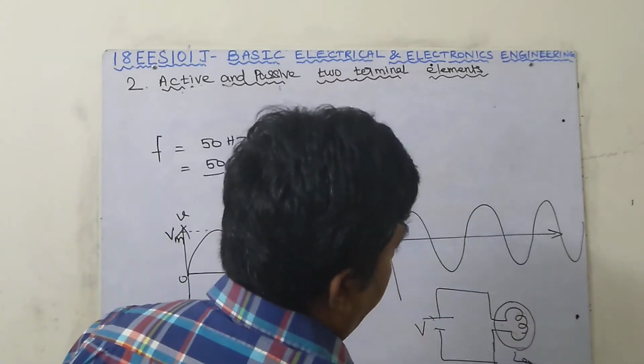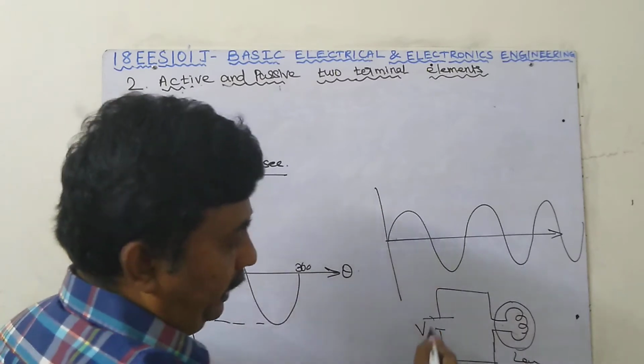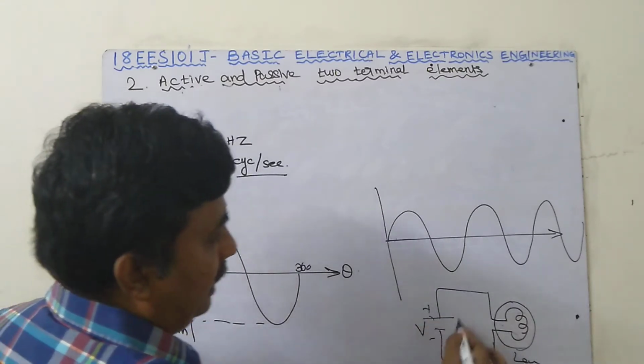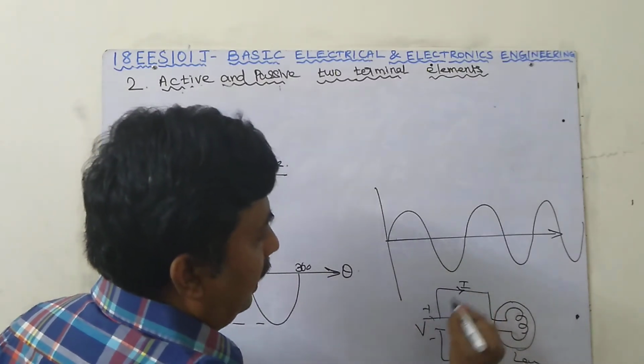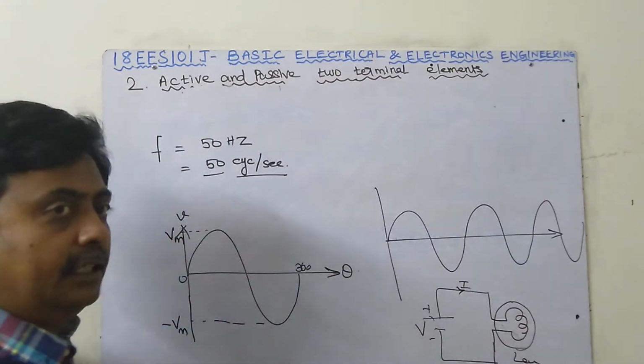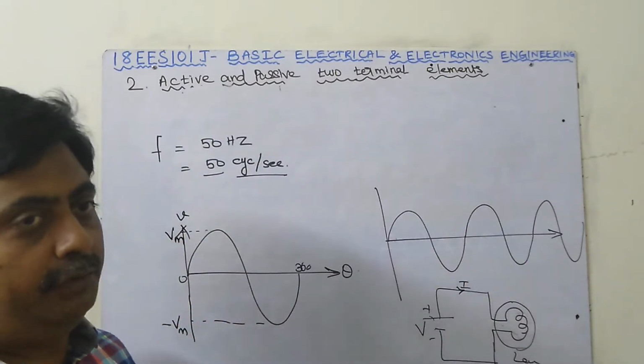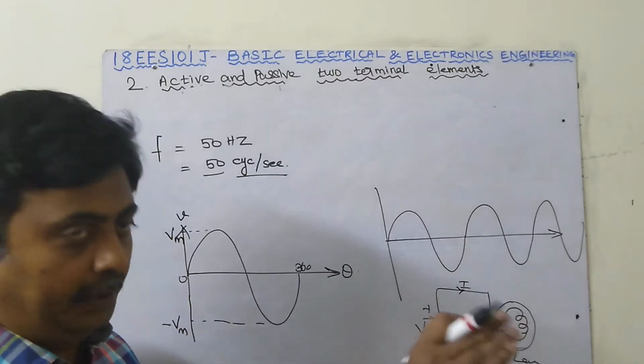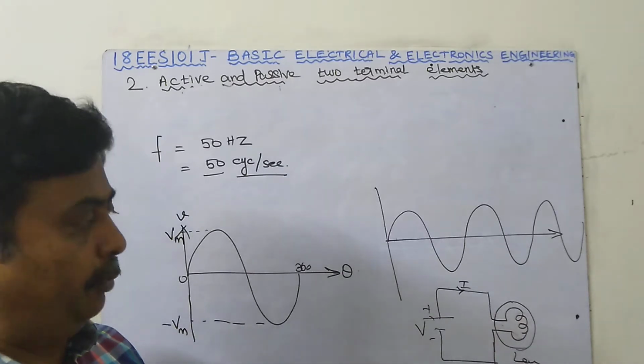If I give DC voltage, with plus and minus, the current will flow in this direction, in the same direction throughout the period until I switch off the circuit. If I open the circuit, no current will flow.